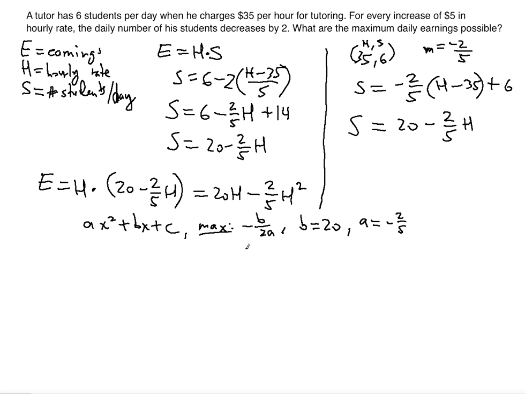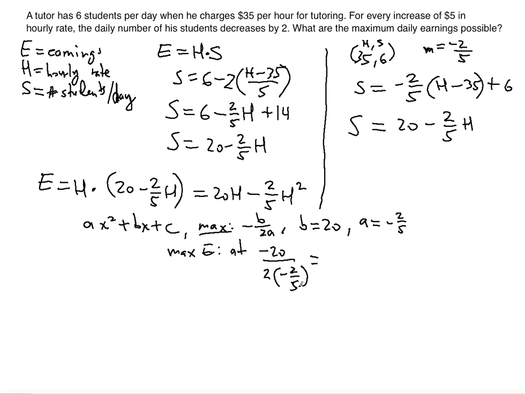So as a result, the maximum will be achieved when we have, so let's see, max e at, let's substitute in, -b is going to be -20 over 2 times a, so 2 times -2.5. And now notice that the negatives will go away because they're both negatives in the numerator and denominator.